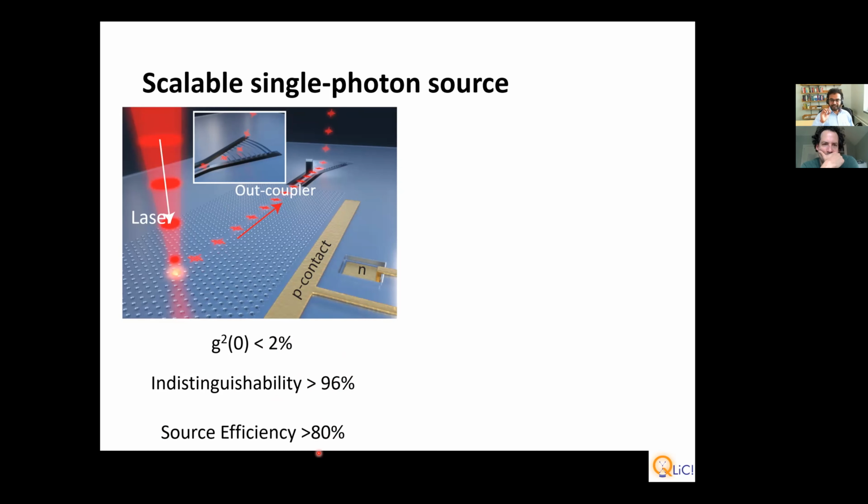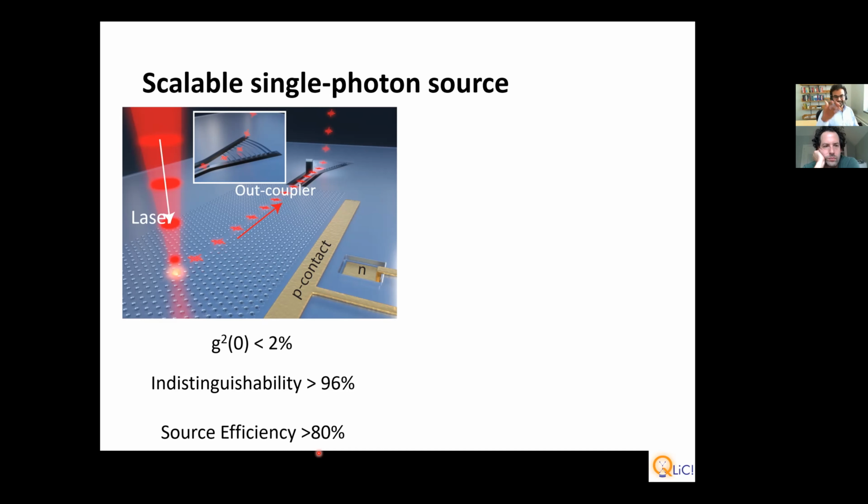And that is being realistic in the sense that I do consider the losses that putting in a spectral filter would introduce. I do consider the losses from fiber coupling efficiencies and all these things. So it's being realistic. We could reach source efficiencies in excess of 80%.